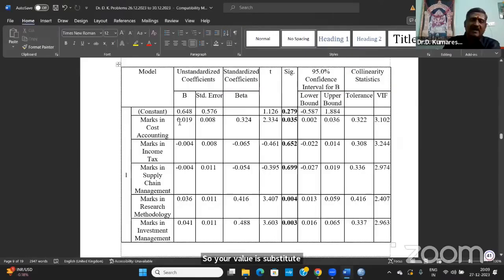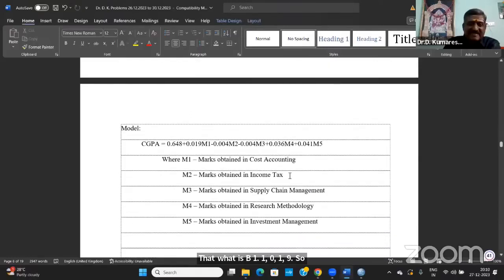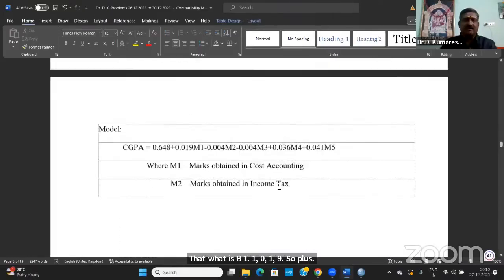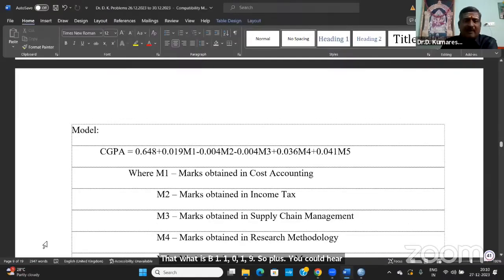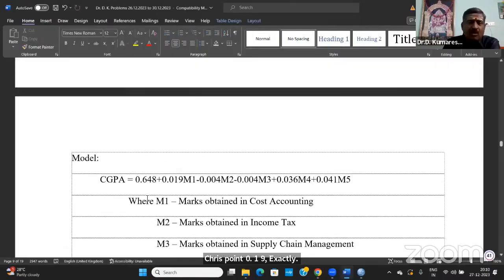Then what is B1? 0.019. So plus, look here, plus 0.019 M1. Instead of X1, we have changed it to M1.